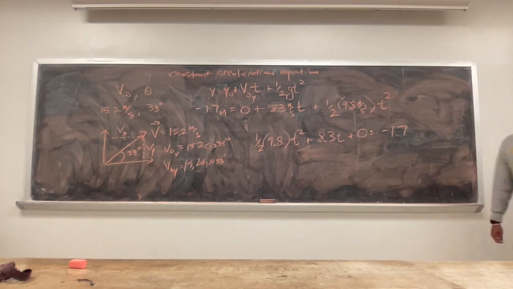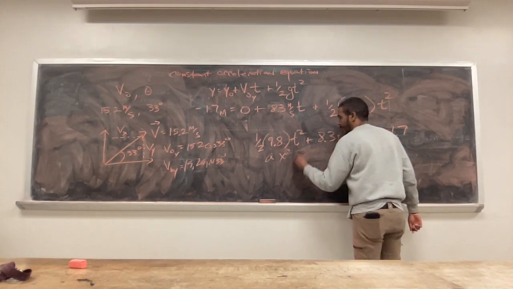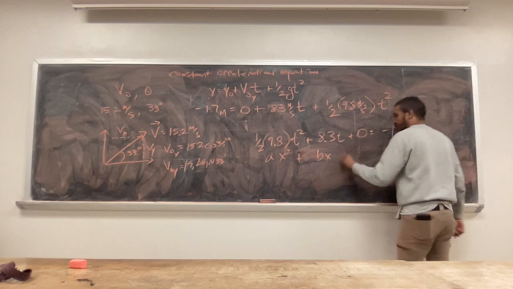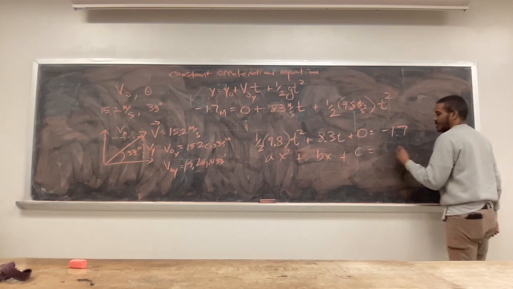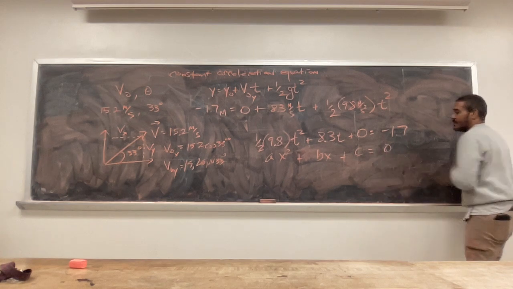I just flipped it, so from left to right we can understand it better. So it can look more like ax squared plus bx plus c equals, we'll get there on the next step.